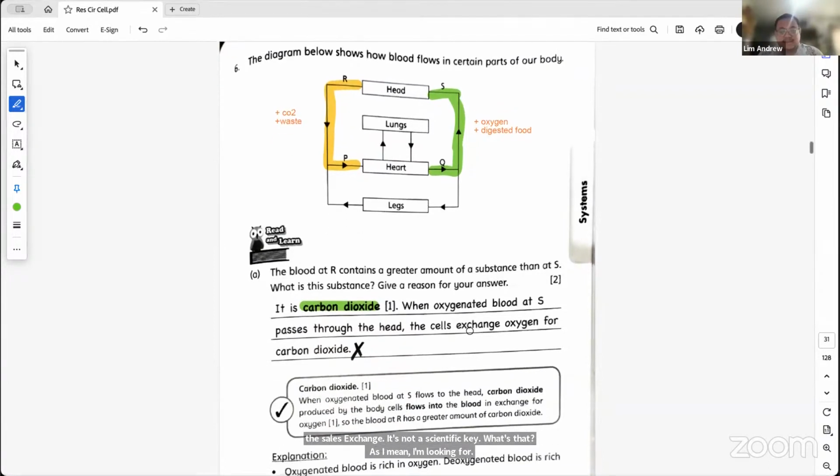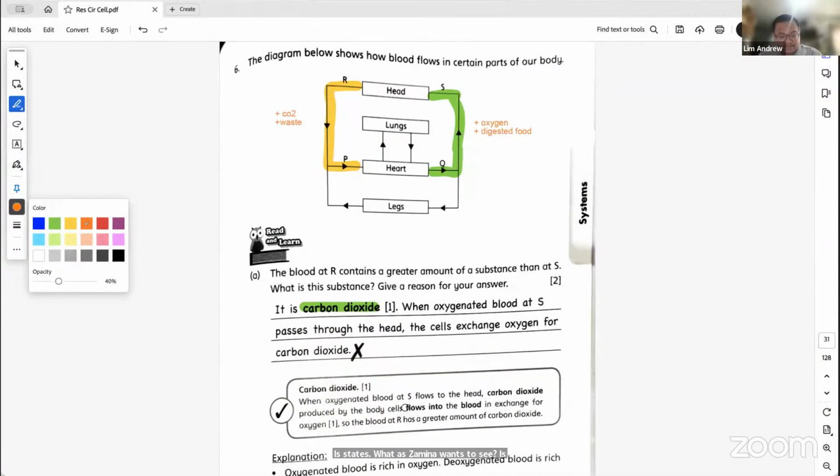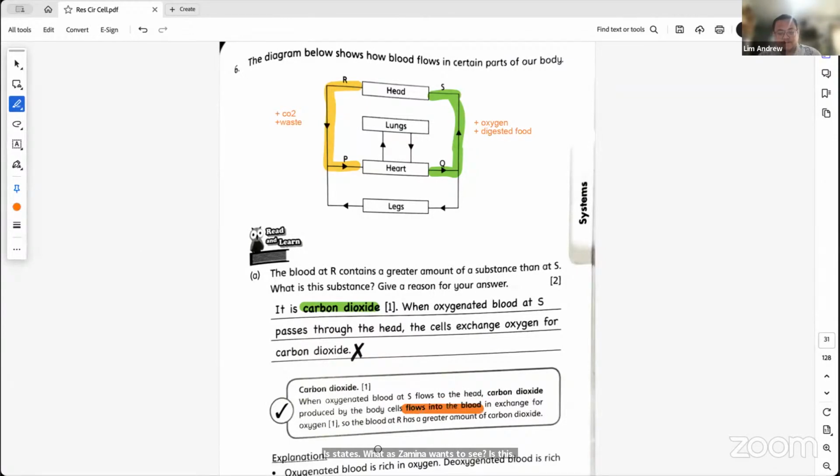Instead, what the examiner wants to see is "flow to the blood." These are the keywords the examiner wants to see. If they don't see the keyword "flows into the blood," even if you write exchange, you are still marked wrong because you did not convince the examiner that you understand this topic.